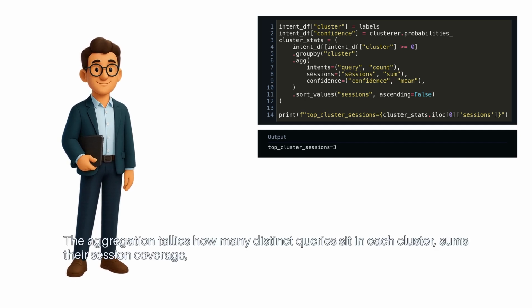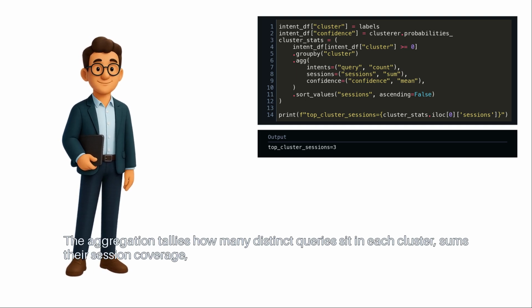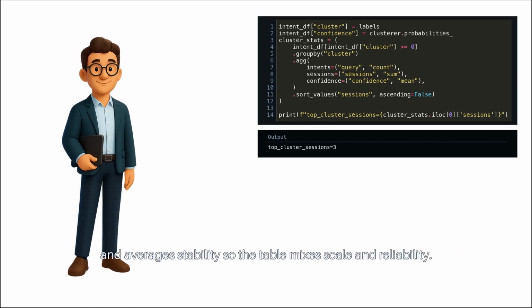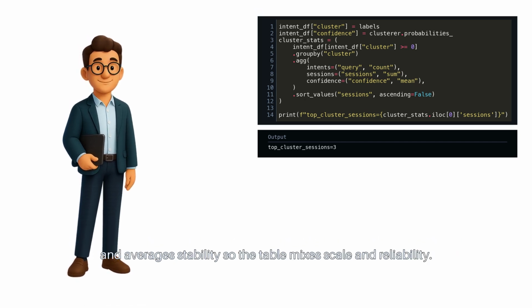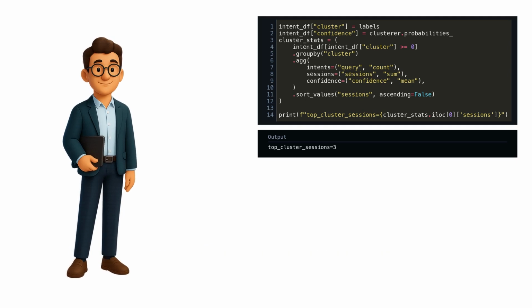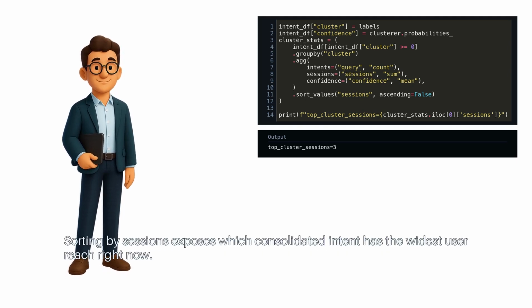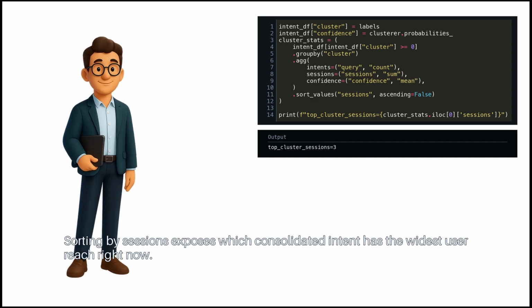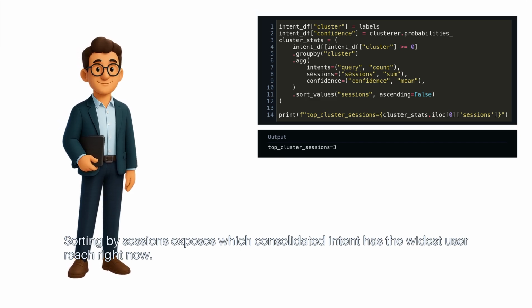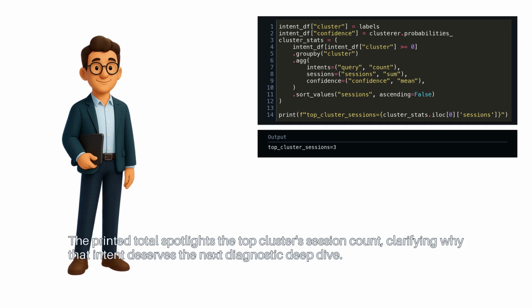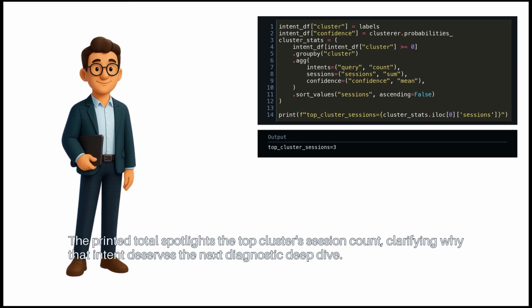The aggregation tallies how many distinct queries sit in each cluster, sums their session coverage, and averages stability so the table mixes scale and reliability. Sorting by sessions exposes which consolidated intent has the widest user reach right now. The printed total spotlights the top cluster's session count, clarifying why that intent deserves the next diagnostic deep dive.